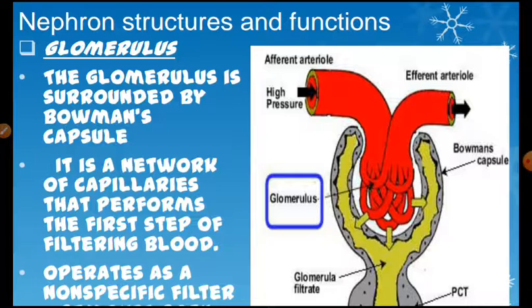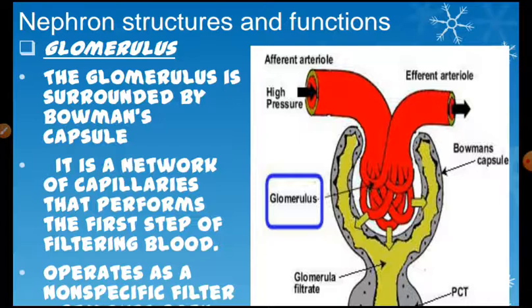Just before entering the glomerulus, the media of the afferent arteriole contains a thick cuff of large modified muscles called juxtaglomerular cells. So this is glomerulus, a blood capillary tuft made from afferent and efferent arterioles.